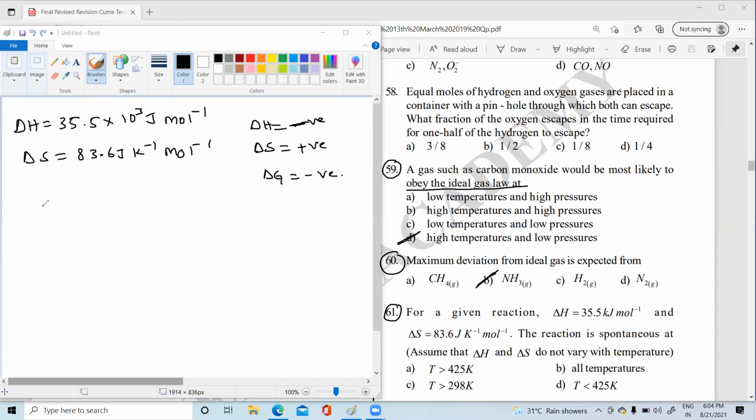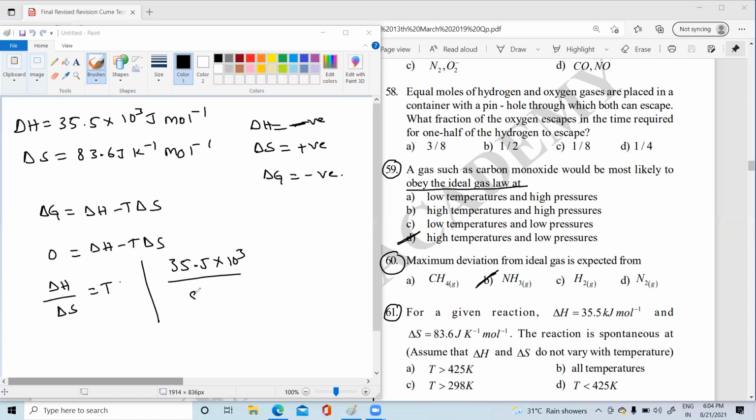As we know very well, del G equals del H minus T del S. When equilibrium exists, del G is 0 at equilibrium. So del H equals T del S, so del H by del S equals T. Del H value is 35.5 into 10 to the power of 3, and del S is 83.6, equal to T. On simplification, we'll get 425 kelvins, students.